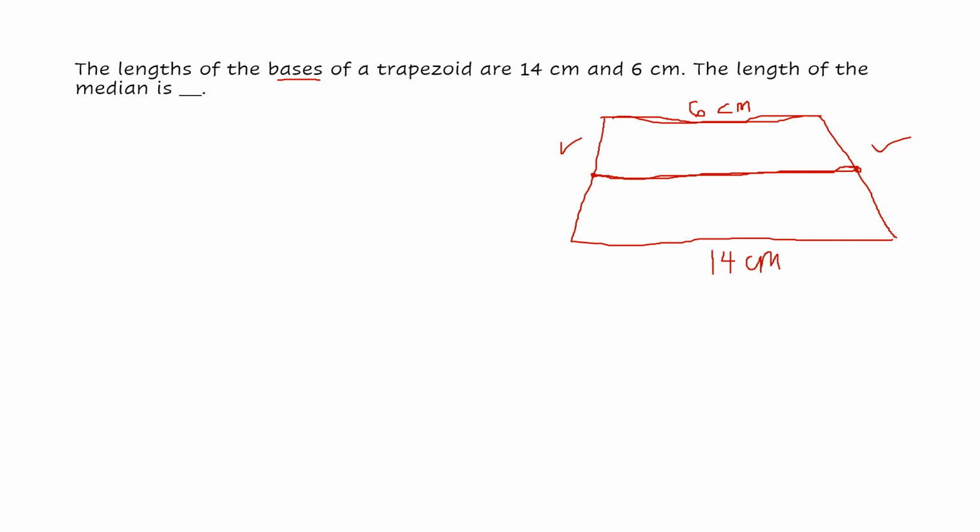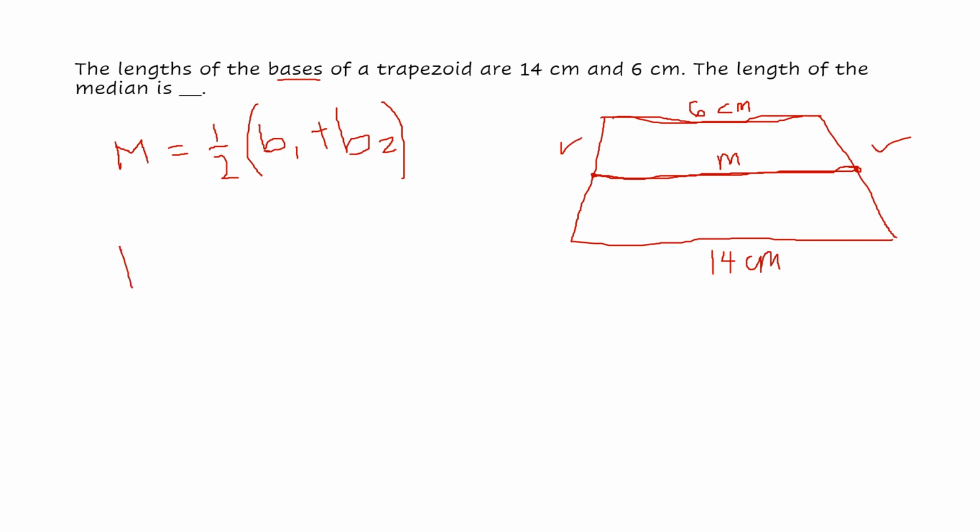Let's just say that this is M, which stands for median. The median of any trapezoid is given by the formula 1/2 times the sum of the two bases, base 1 plus base 2.